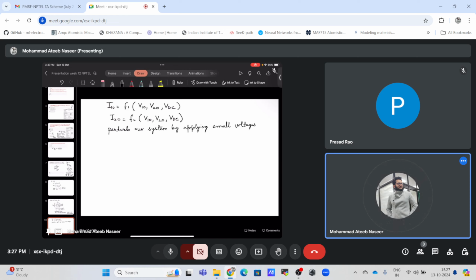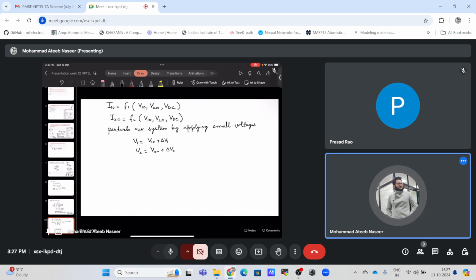We change V1 to V1 of 0 plus delta V1, and we change V2 to V2 of 0 plus delta V2. We do not change the supply voltage because the supply voltage does not fluctuate. It is mostly constant for the device.